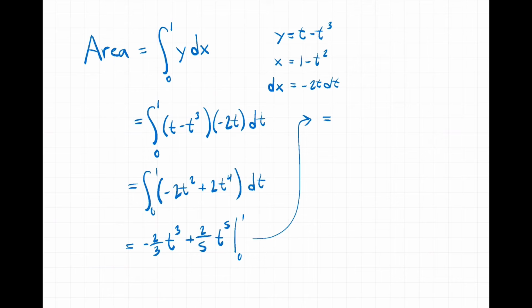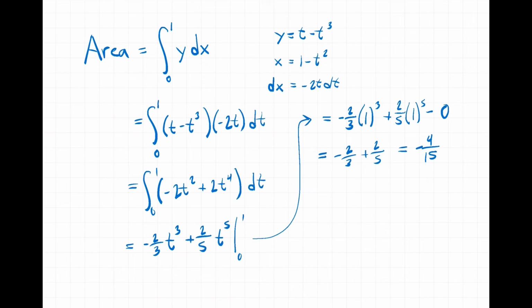So we end up with negative 2/3 of 1 cubed plus 2/5 of 1 to the 5th, minus what we get by plugging in 0, which gives 0 in either term, so I may as well just write 0. 1 cubed is 1, so we have negative 2/3 plus 2/5, since 1 to the 5th is 1. And negative 2/3 plus 2/5 works out to negative 4/15.